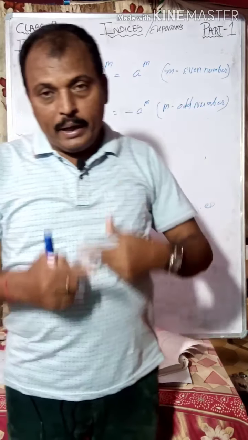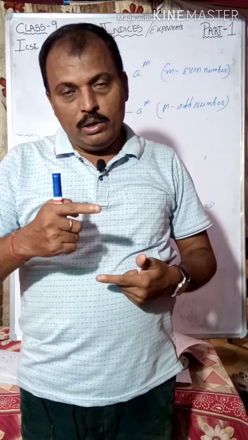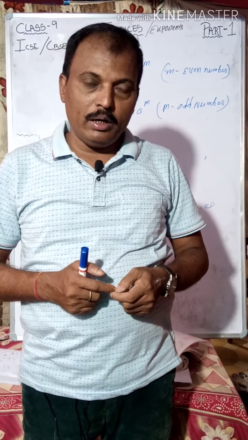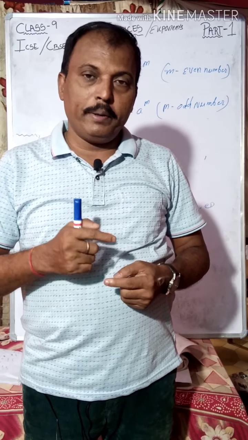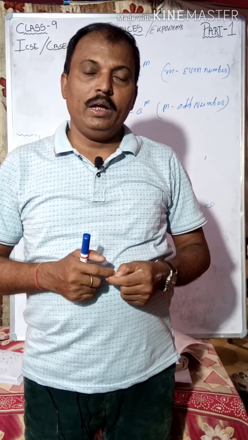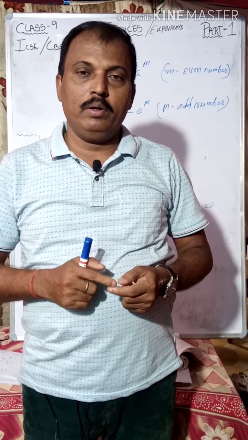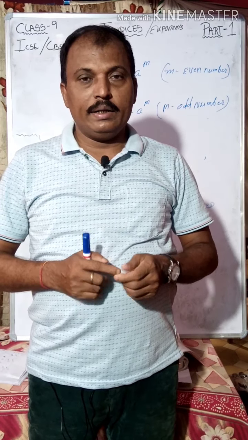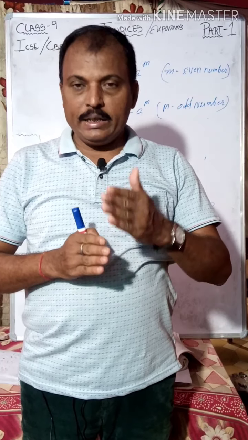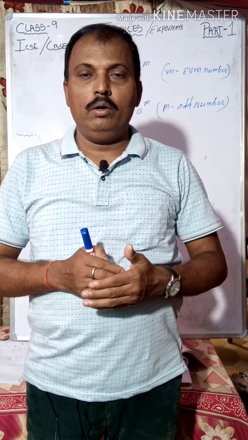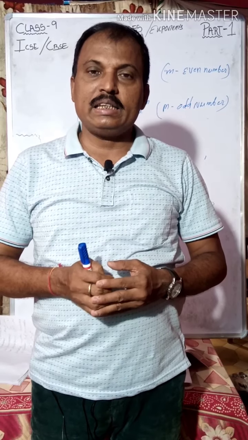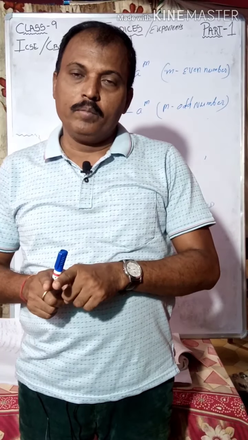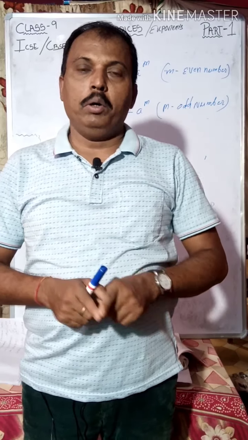Minus a to the power m is equal to a to the power m when m is an even number. Minus a to the power m is equal to minus a to the power m when m is an odd number. And this much is the basic formula, the fundamental laws of indices: product law, quotient law and power law.